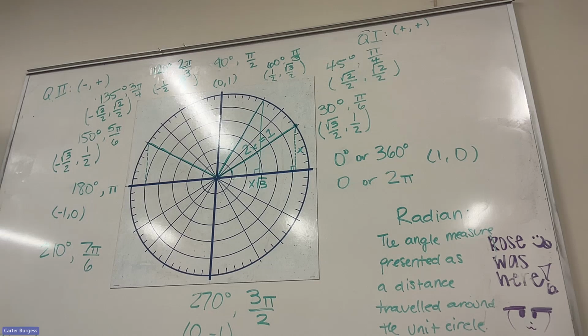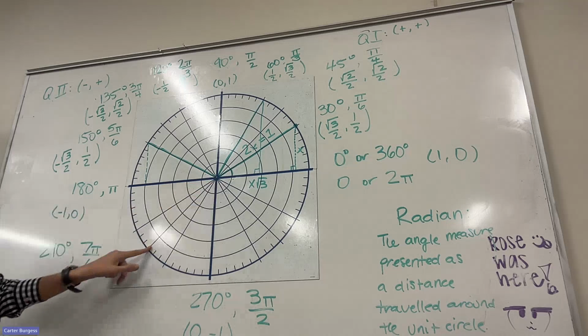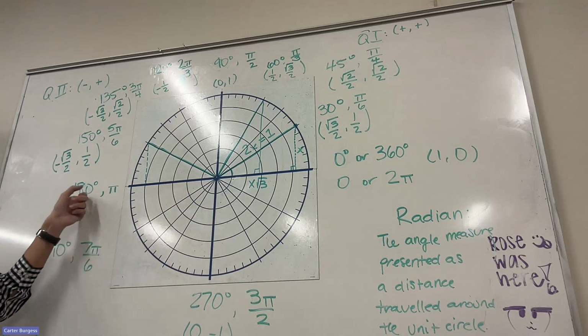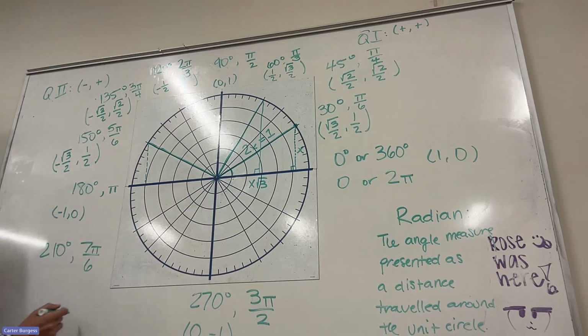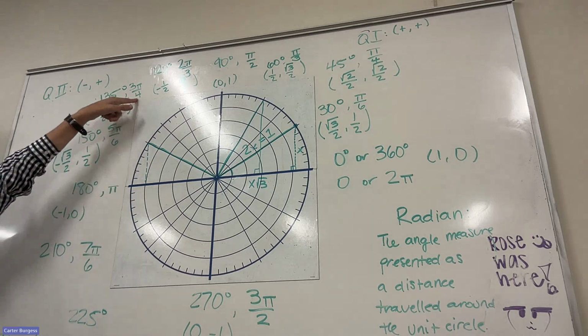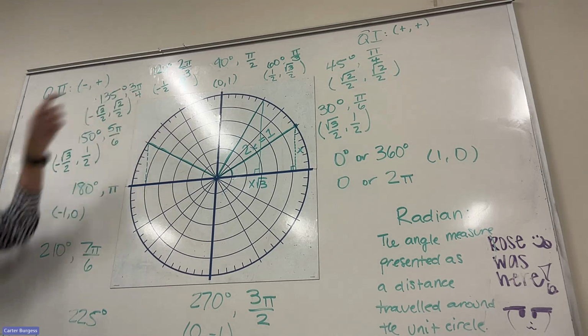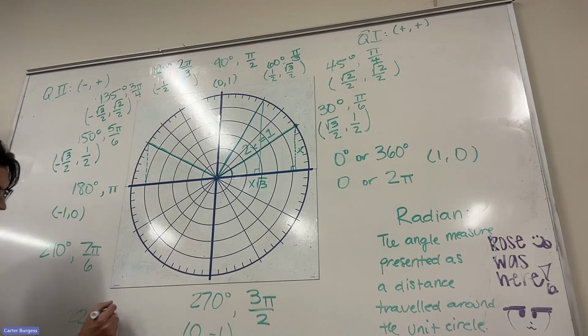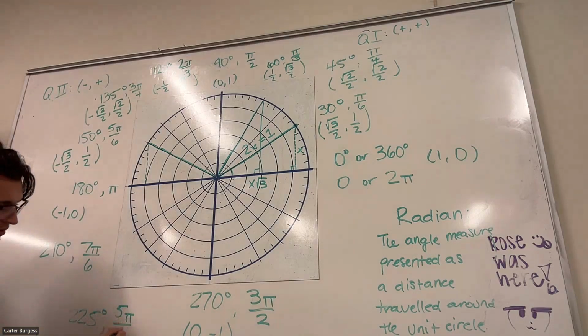And to that end, before we talk about the XY information, if I'm 45 degrees over rotated, what degree measure am I going to be looking at here? 225 degrees. And if 3 pi over 4 was slightly under rotated, quadrant 2, what would slightly over rotated look like? 5 pi over 4.